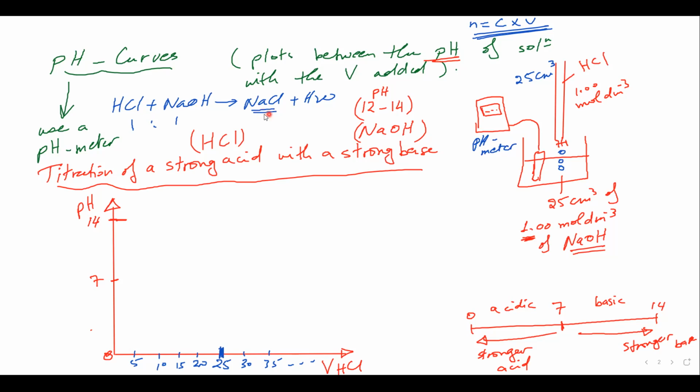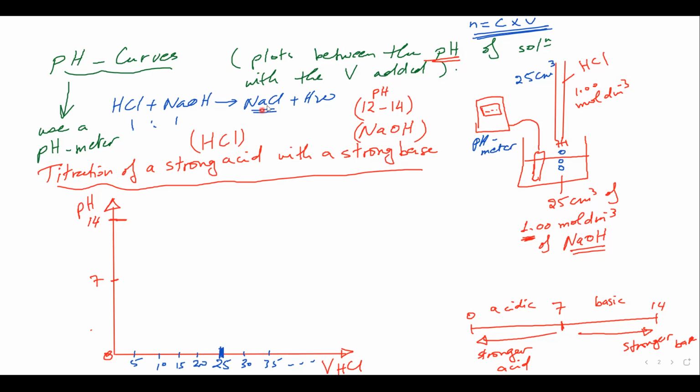So this means that our solution still consists mostly of sodium hydroxide, which is a strong base, and only a small amount of sodium chloride, which is neutral and will not affect the pH of the solution. Because sodium hydroxide is a strong base, it has a pH of 14.